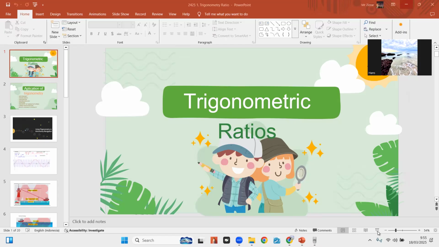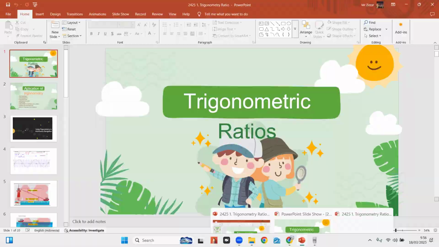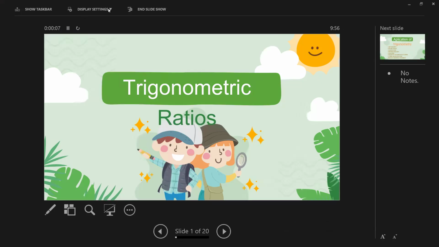As you can see, previously we already discussed the basic ratios of trigonometry and how to use the trigonometric ratio to find a certain side. But in this case, we try to find a certain angle.